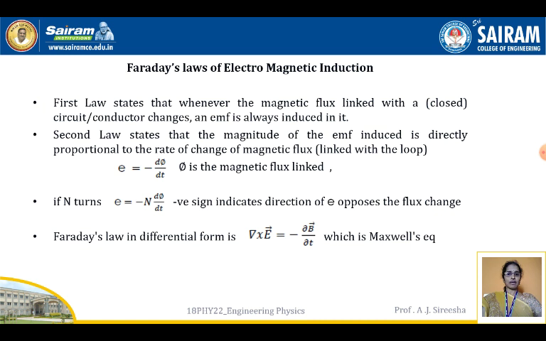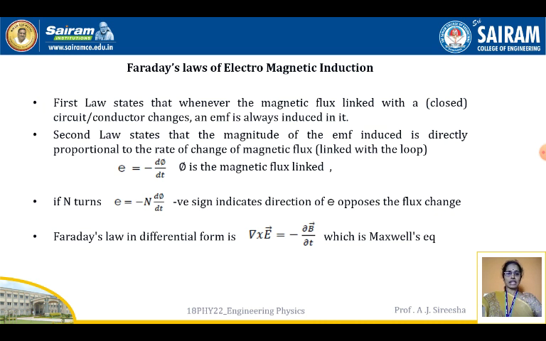Rate means d phi by dt, where phi is the magnetic flux. So induced EMF E is equal to minus d phi by dt. Here the negative sign indicates the induced EMF opposes the flux change. If there are n turns in a coil, then the induced EMF E can be written as minus n into d phi by dt.